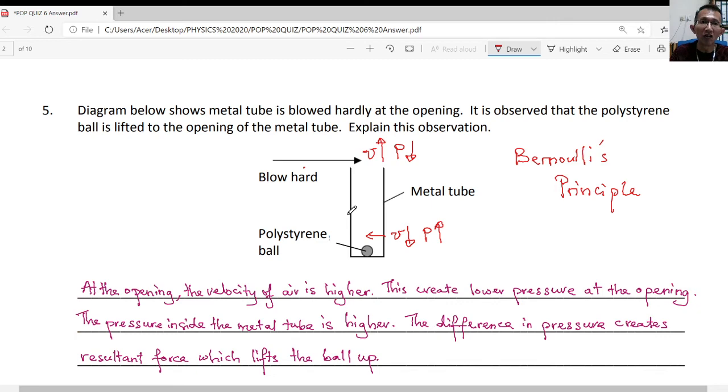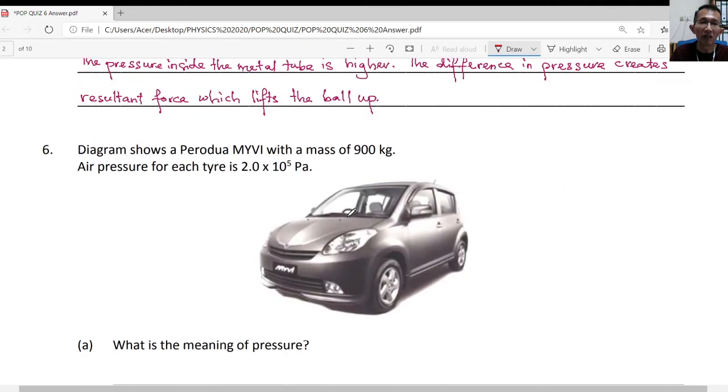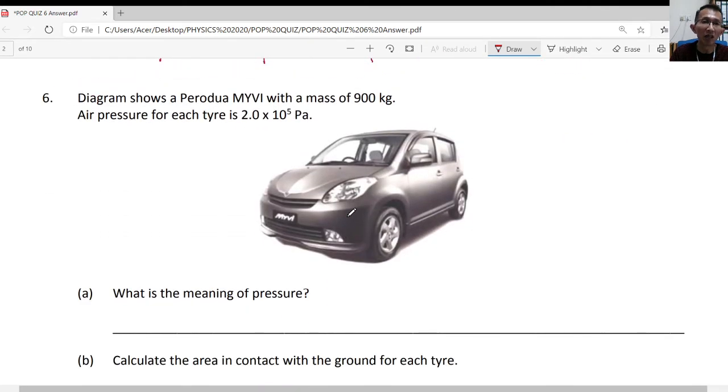Let's move to question number 6. So now I have a MPV. The mass is 900 kilogram, and it is also mentioned that the air pressure for each tire is 2.0 times 10 to the power of 5 Pascal. For each tire, right?